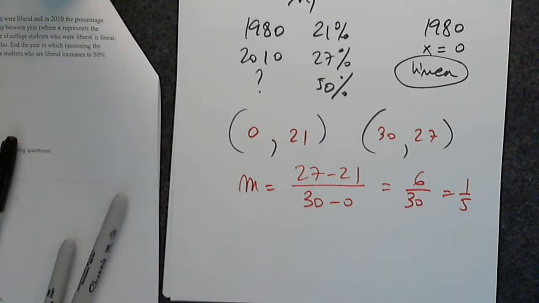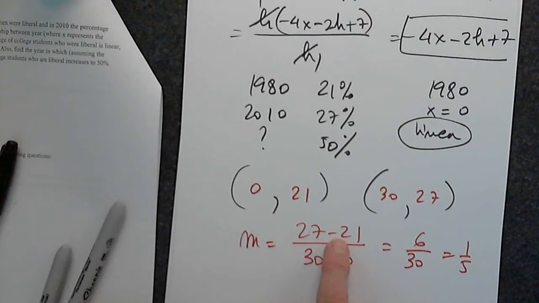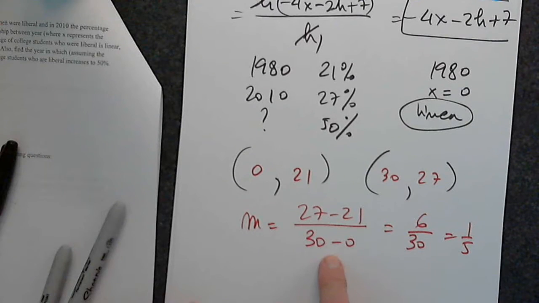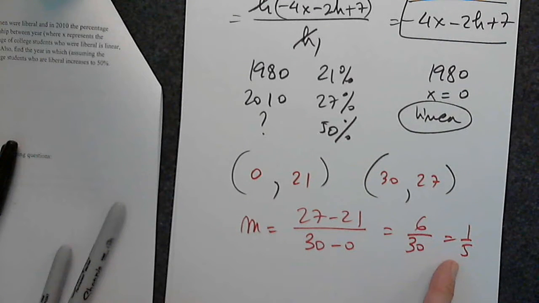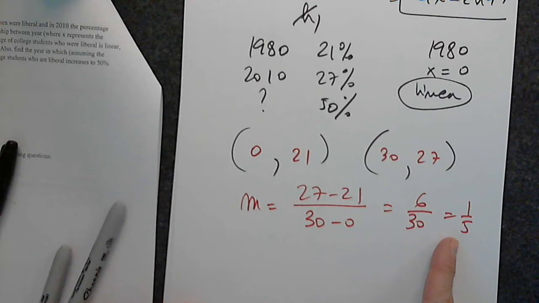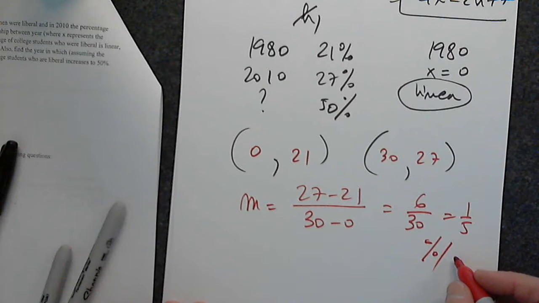We need the measurement unit. Obviously, the percent increases. By how much? The measurement unit for the top is percent, and the measurement unit for the bottom is years. So every year, the percent increases by 0.2.